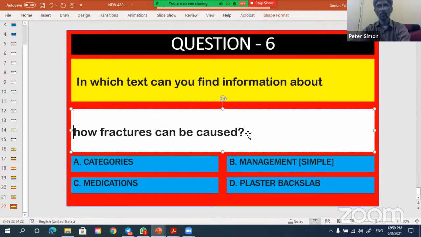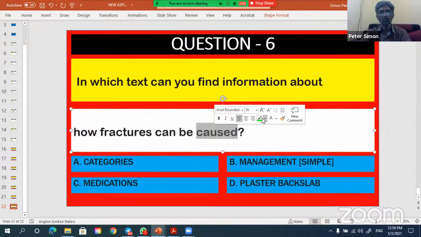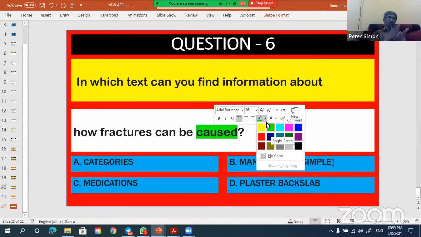Different causes. Here, different causes for how fractures means different types of fractures can be caused. So causes. Is it in types, or is it in simple fractures, or is it in medications? You analyze.